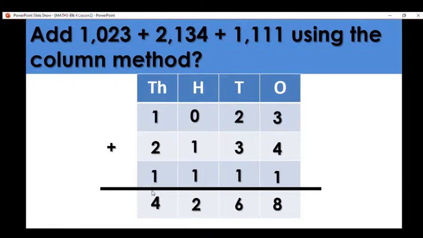So we got the answer of 4,268. So it's easier for us to know the three ways of adding numbers: expanded form, abacus form, and column method.